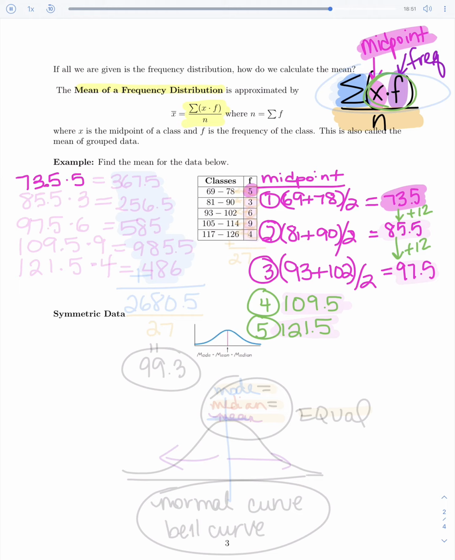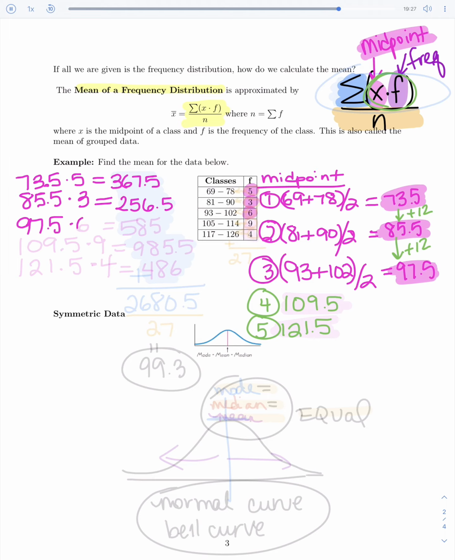Well, 73.5 times 5 is going to be 367.5. Then I have to do that with the next midpoint, 85.5 times its frequency, 3. So the next one is 85.5 times 3. Well, 85.5 times 3 is, let's see, 256.5. The next group is taking 97.5 times its frequency, 6.